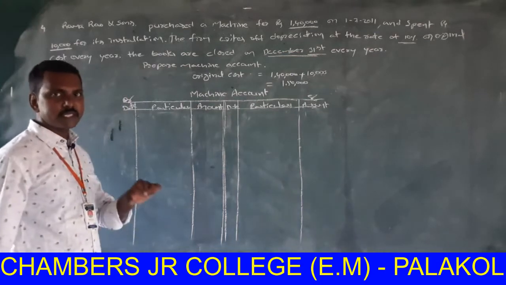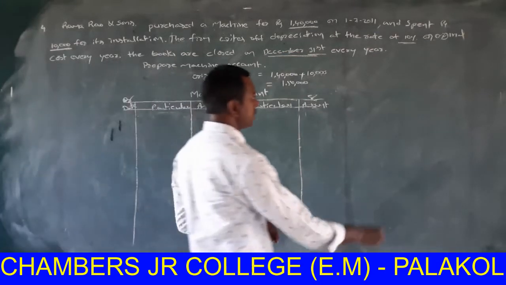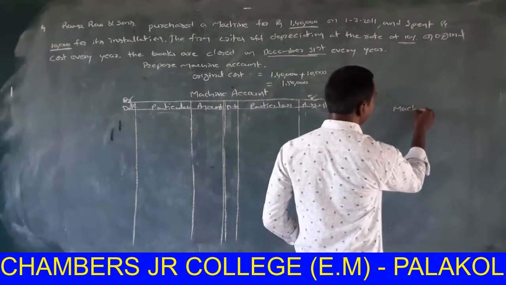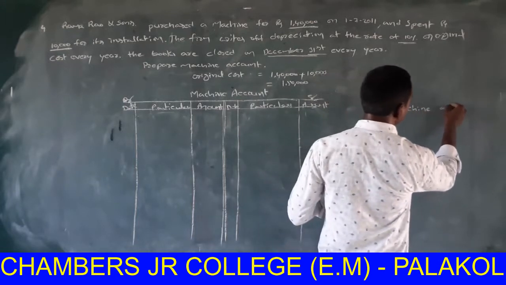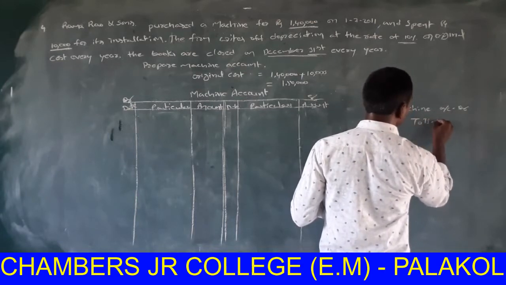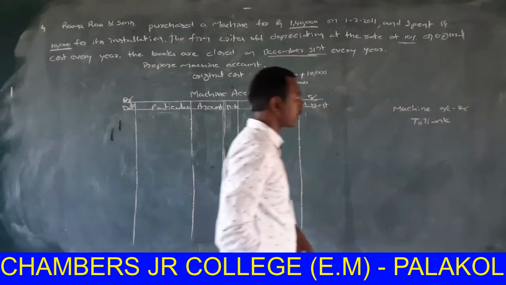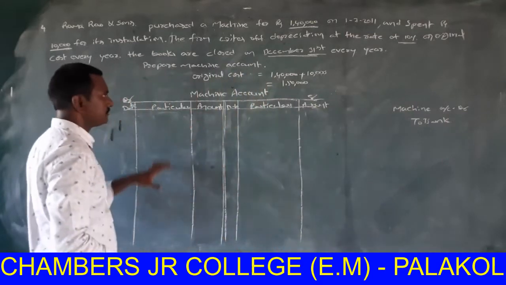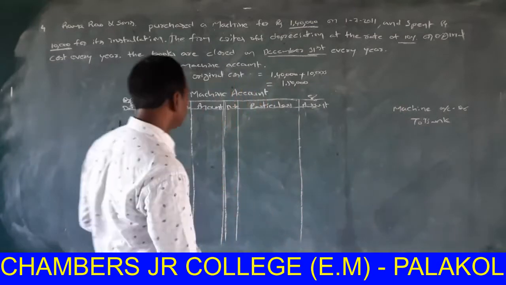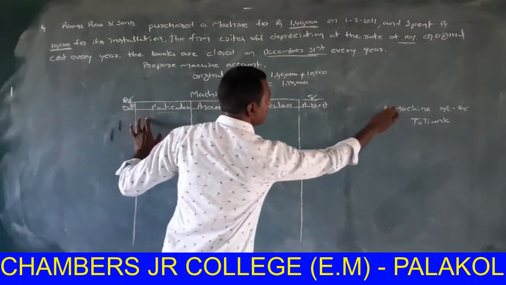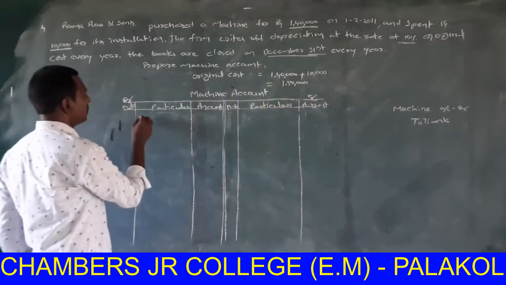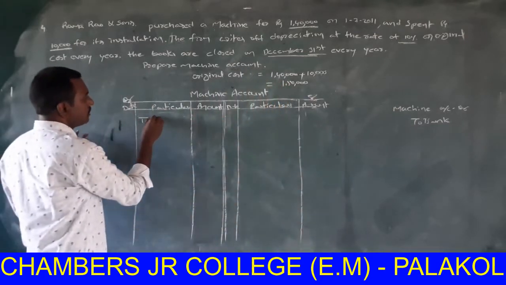In case of purchase of any machine, the journal entry is machine account debit to bank account. In the machine account, the entry is entered on the debit side: To bank account.